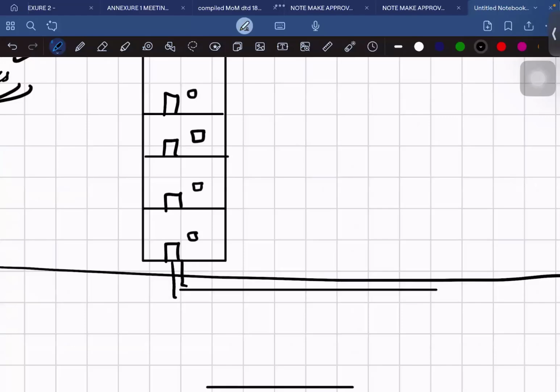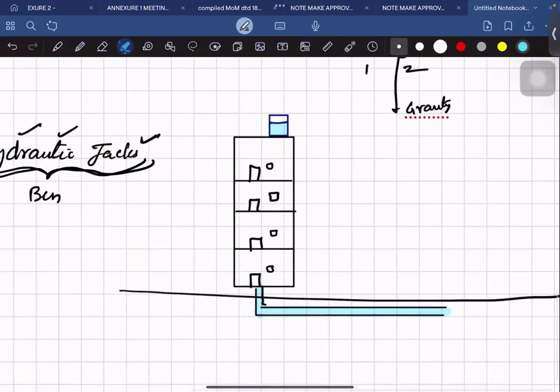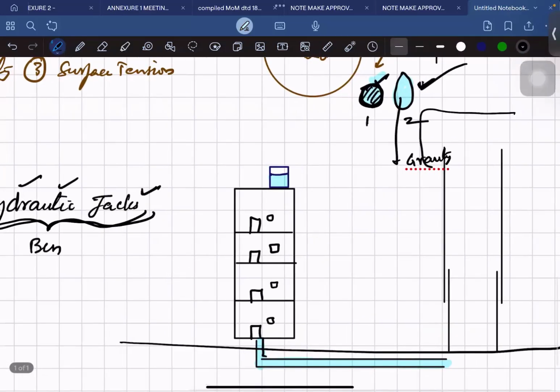I understood that. Through the pipes, the water can come only because of 2 reasons. One is the gravity, the pressure due to gravity, or pressure due to external sources. Some of you are saying that there are overhead tanks that are much taller than the households, and from these you are getting water.